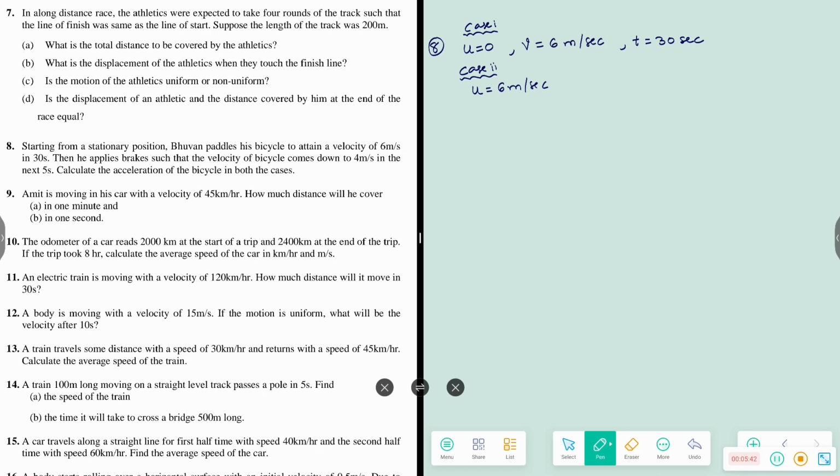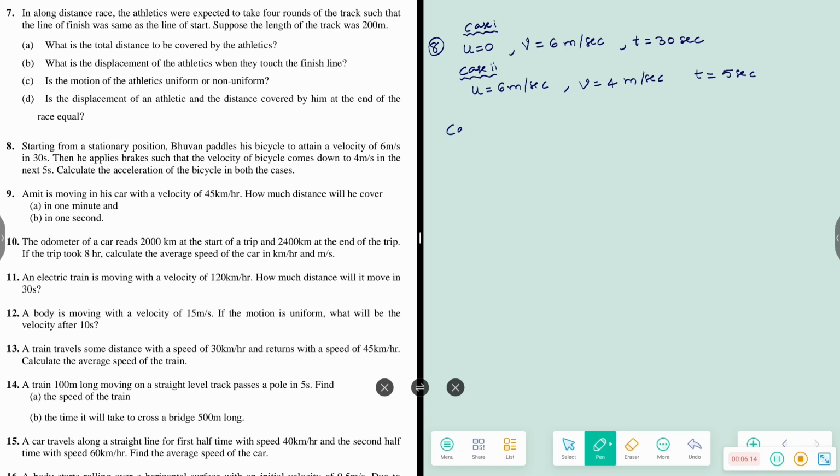But later that 6 meters per second velocity comes down to 4 meters per second. Means final velocity is 4 meters per second. Initial velocity 6 meters per second, final velocity 4 meters per second. This is in 5 seconds of time. So here two cases are there. In first case, what is the acceleration, and in the second case, what is the acceleration we have to find.